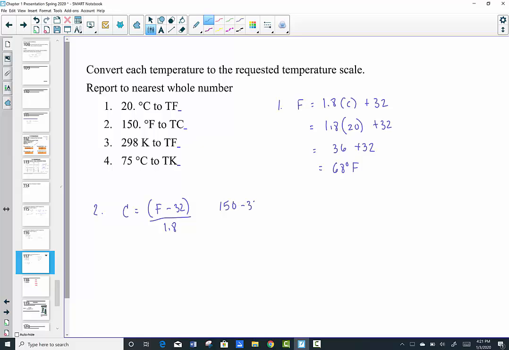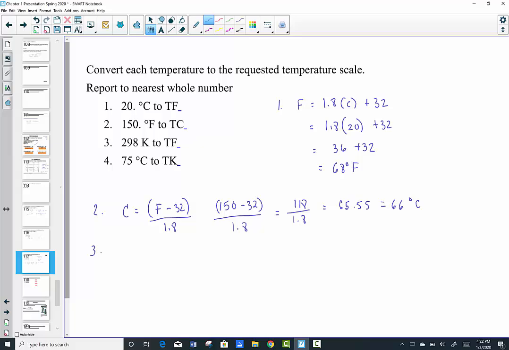We subtract 32 and divide by 1.8. 150 minus 32 is 118. Now I'll divide that by 1.8 and we get 65.55. And round that to the nearest whole number, 66 degrees Celsius.